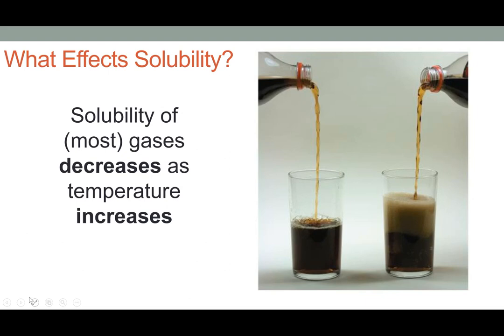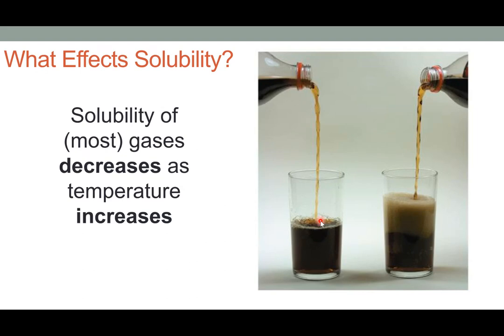Yeah, you keep the tap lines cold. So if a soda is cold, when you fill it up from the tap, you'll see that more of the gas stays dissolved in solution and you won't get as many bubbles on the top.